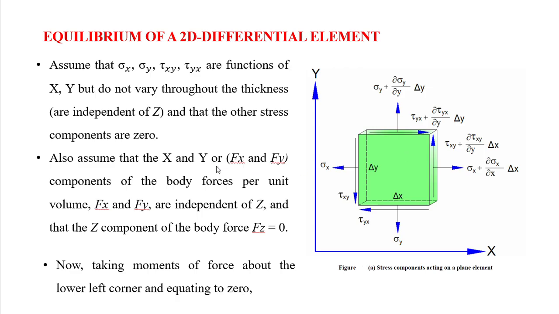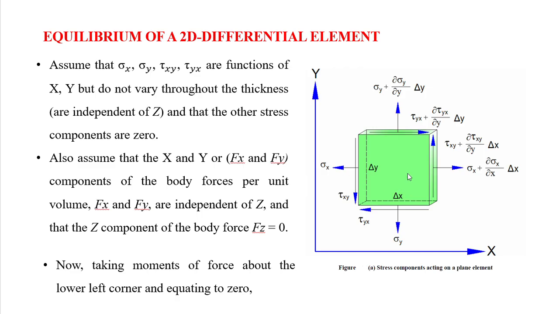And also assume that f of x and f of y are the components of the body forces per unit volume. These are the body force components. fx and fy are independent of z, and the z component of the body force, fz, will be zero.